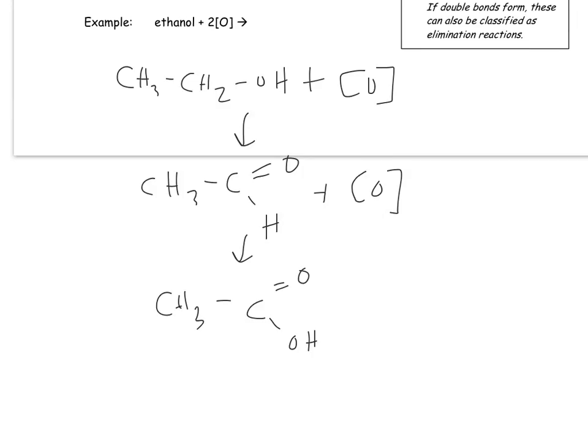Now I don't mind on quizzes or tests or in your practice if you don't show this middle step. If you want to go straight from this alcohol down to this carboxylic acid, that's absolutely no problem. I'm going to name my product here. I've got two carbons, a single bond between it, and I've got a carboxyl functional group, so I'm going to use oic acid as my suffix.